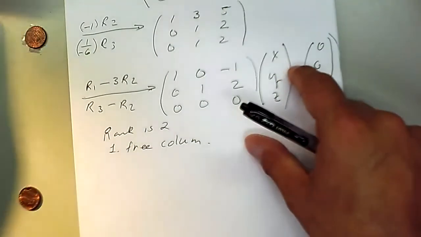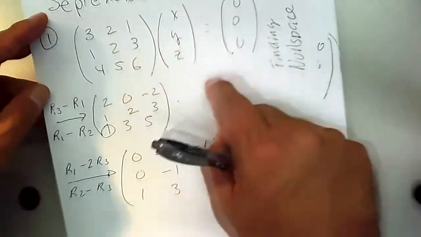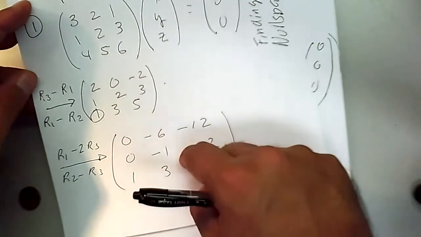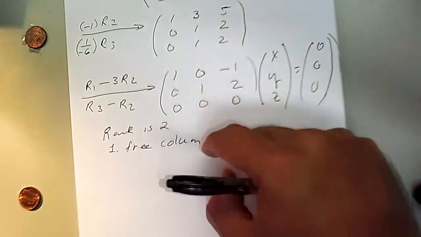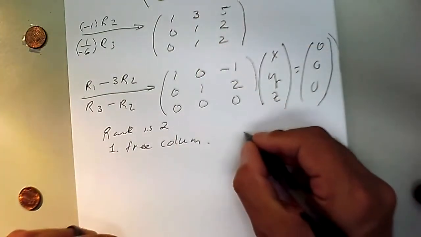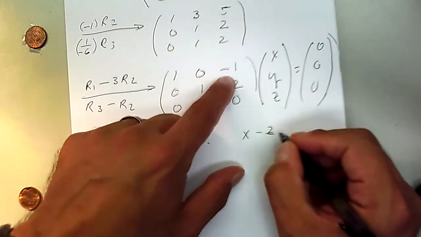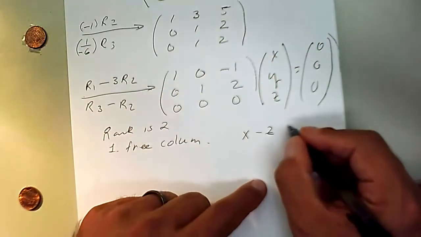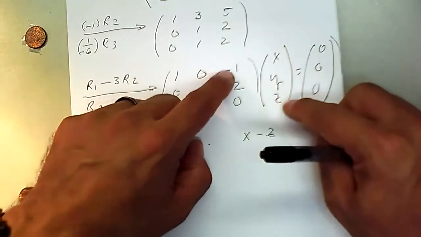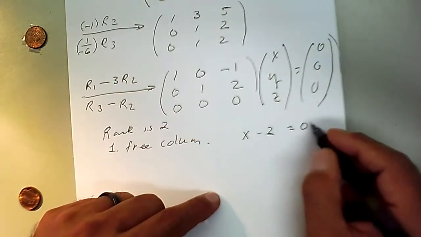In other words, if you have a solution for this system, then the solution is going to be valid here and here and here and here and here. So again, what we are saying is that x minus z is equal to 0, which means that x is z.